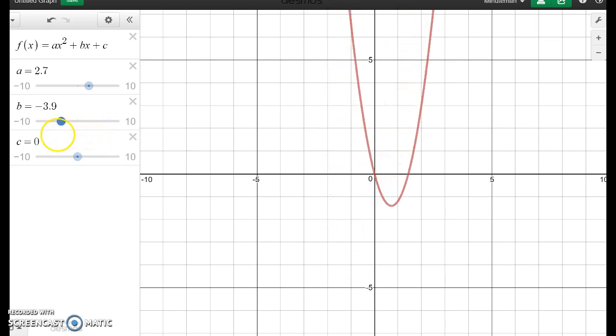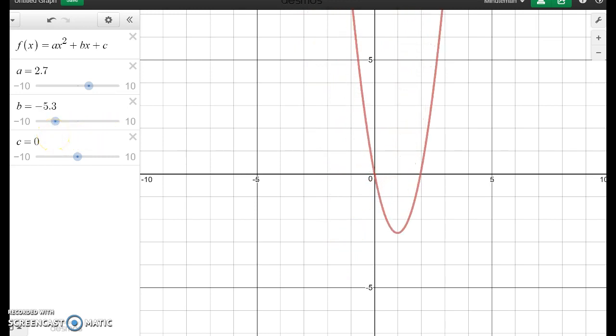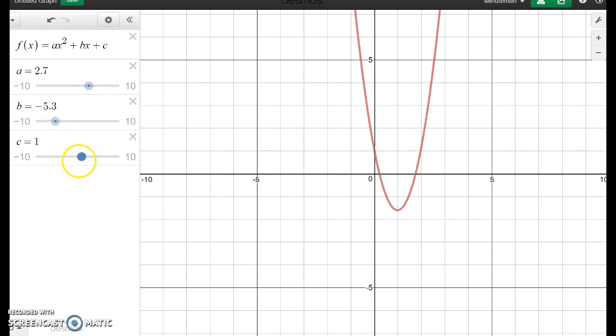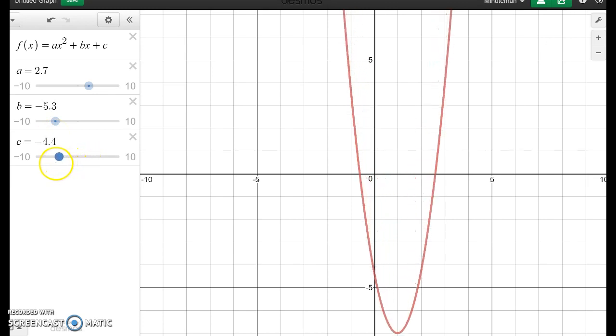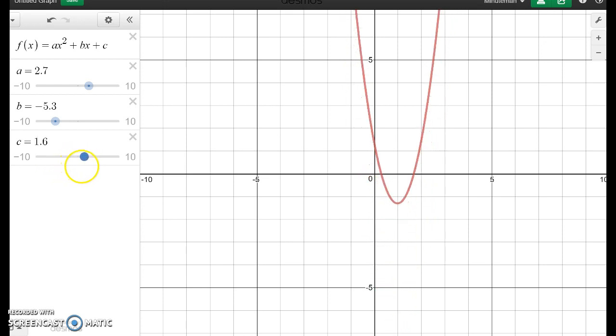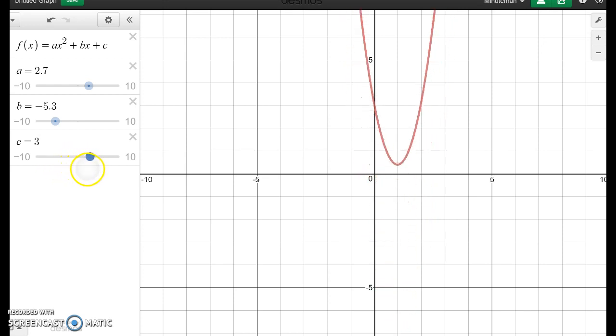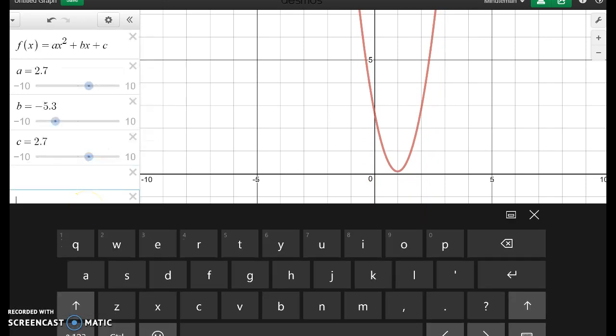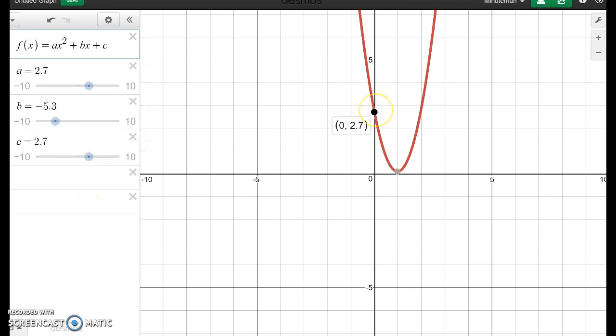It's related, but it's not clear. It's not like a number that matches right up to it. And c at least does identify the y-intercept, so it's great for that. So you can see here my value of c is 2.7. My y-intercept is 2.7. So that's nice.